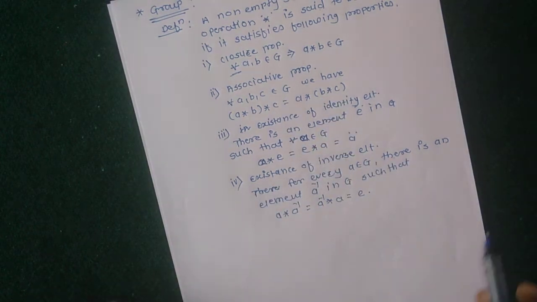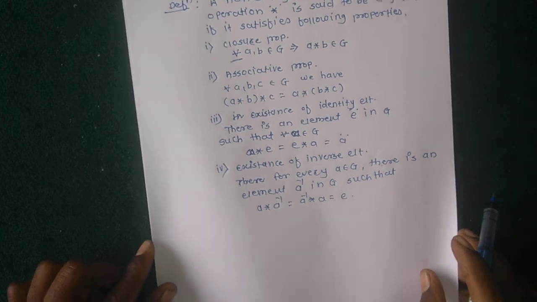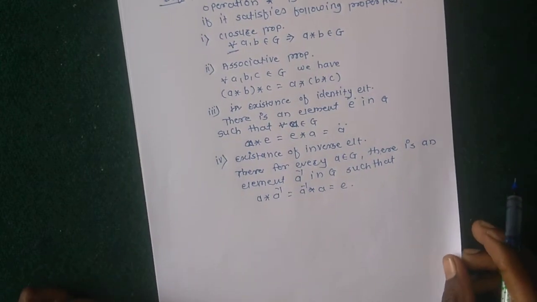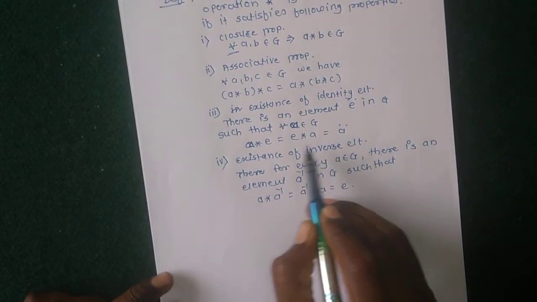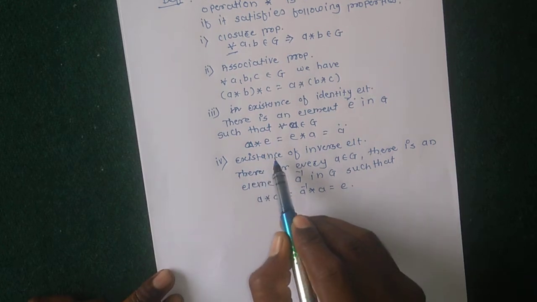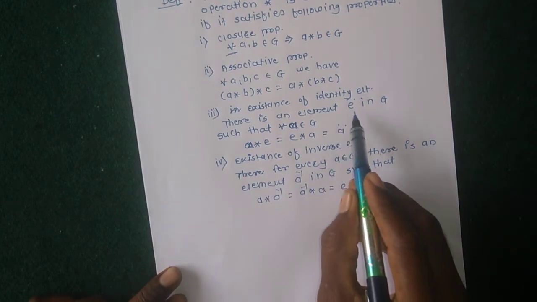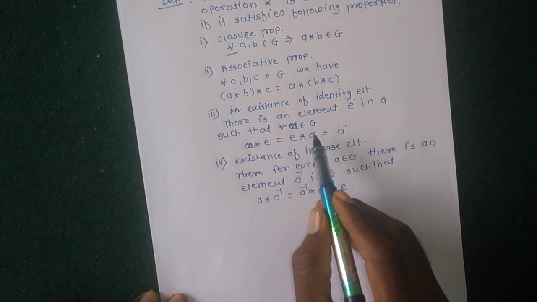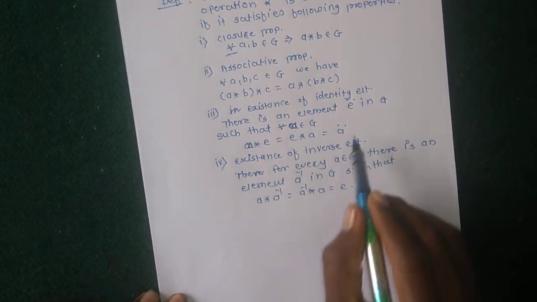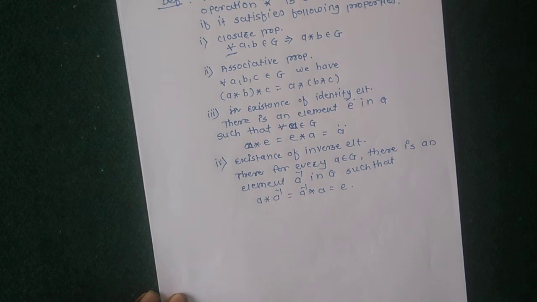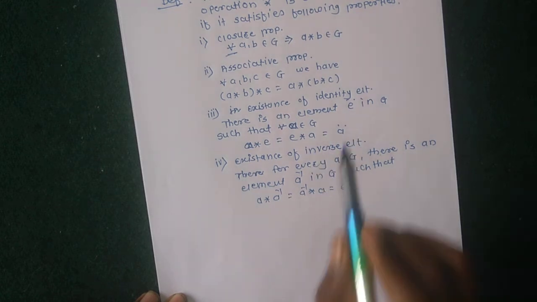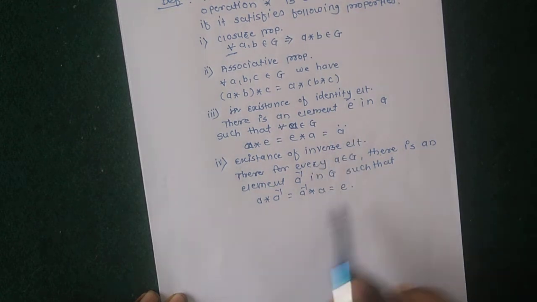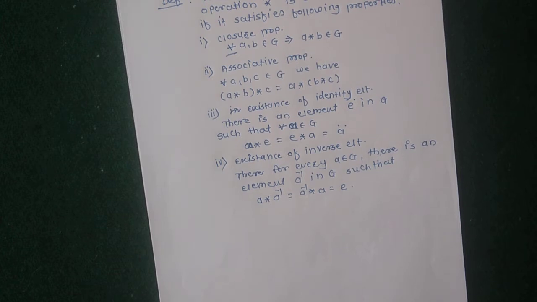Identity element means that one element E exists in the set such that the binary operation applied with the identity element E, for all elements A in G, satisfies A star E equal to A itself, meaning the value must be A itself. And inverse element means for every element A belonging to G, there is an inverse element that exists in that set.